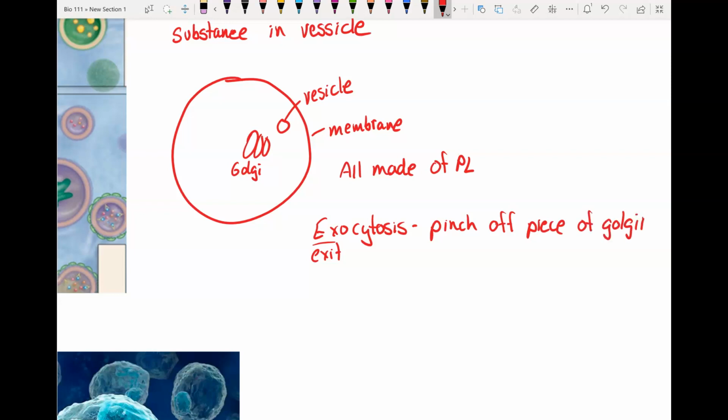And this piece of the Golgi that you pinched off forms the vesicle. And the substance that you're trying to move, so let's put a little substance in here, is inside the vesicle.